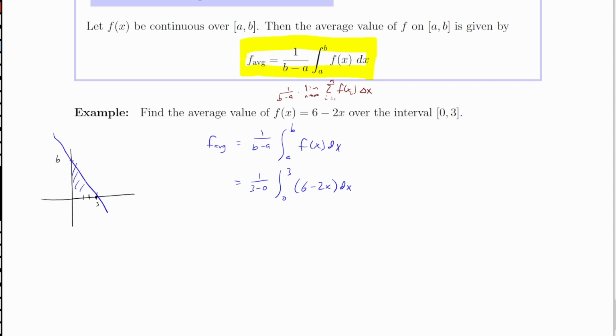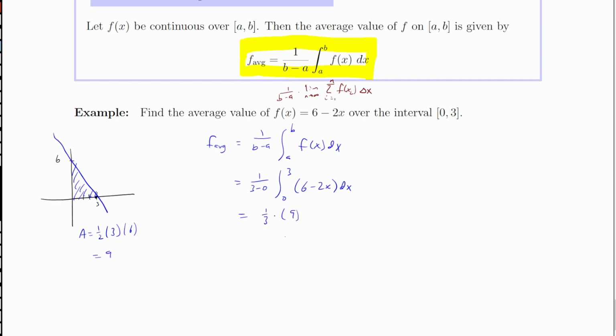The area under the graph is this nice neat triangle. The area of that triangle is 1/2 base, which is 3, times height, which is 6. And 1/2 times 3 times 6 will give me a 9. So the integral from 0 to 3 of 6 minus 2x dx is 9.